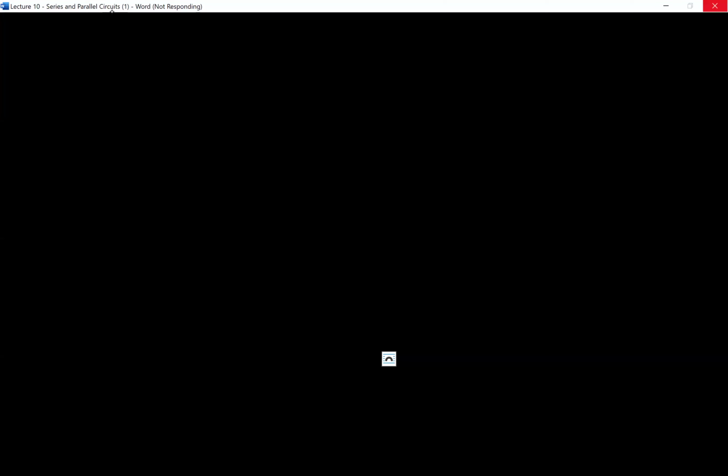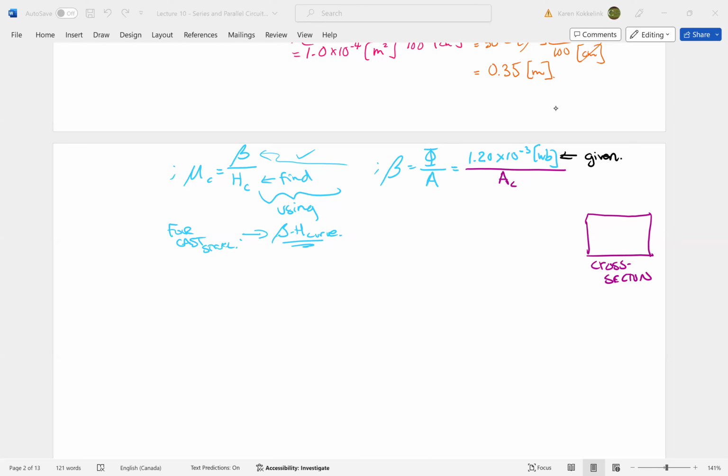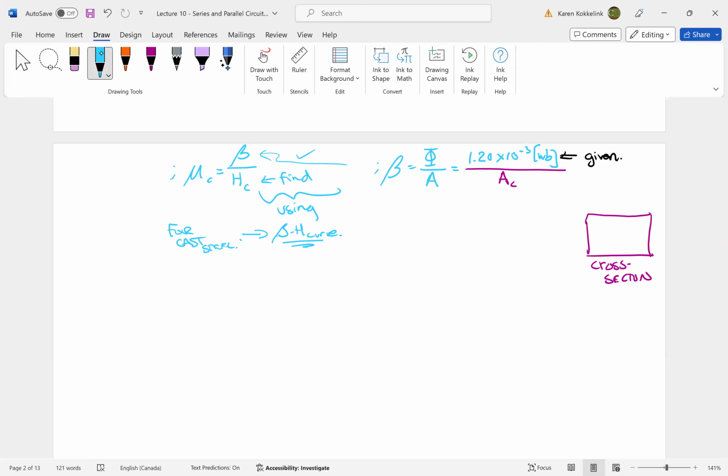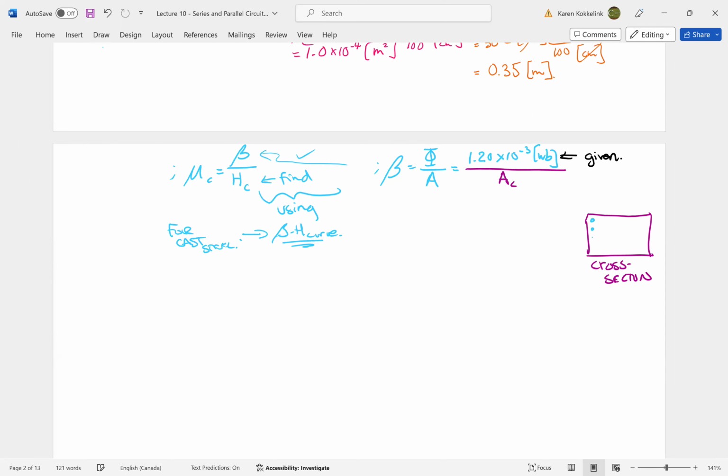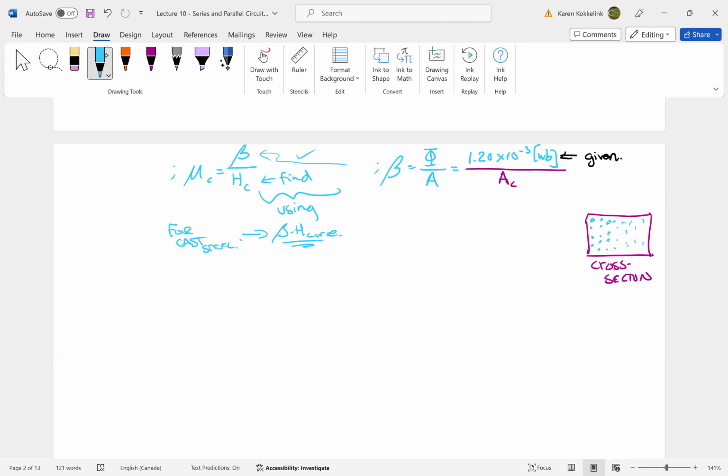So when we look at cross-sectional area, it's basically looking at these lines of flux as they come through this cross-section. What I've drawn here is this little part of the cross-section.